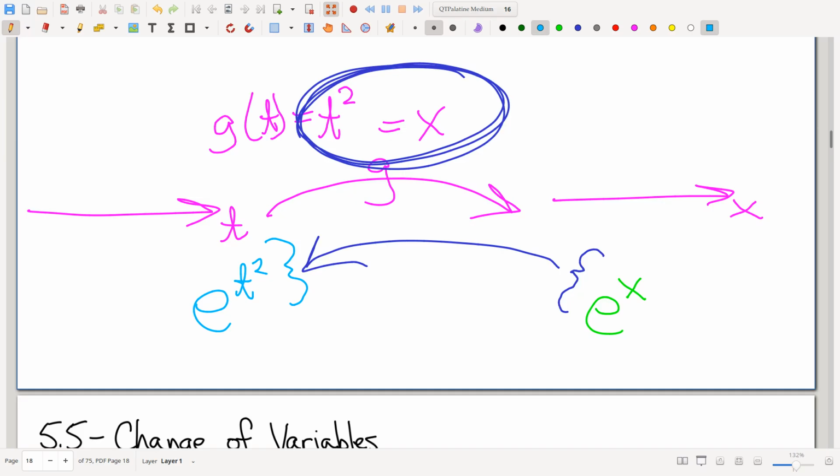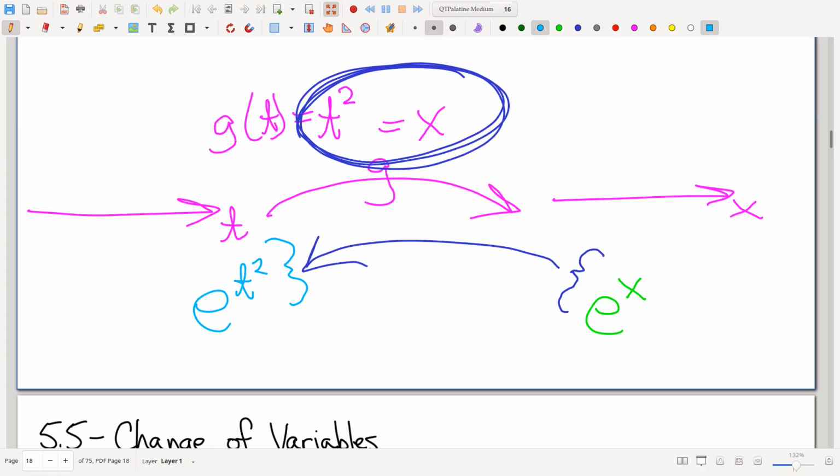So the weird thing about it is functions will take points and push them forward, but functions take expressions and pull them backwards. Does everybody see what I'm talking about? You probably never thought of it this way before, but I don't think anybody's creeped out by the idea of plugging in x equals t squared and e to the x turns into e to the t squared. And let's just observe, oh my gosh, it's literally going the other way.